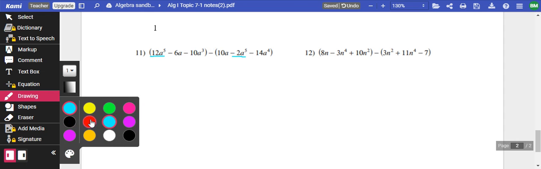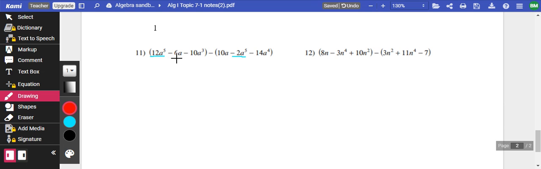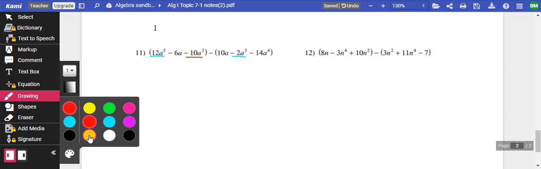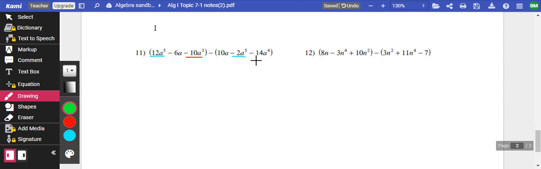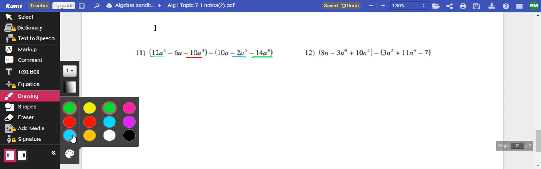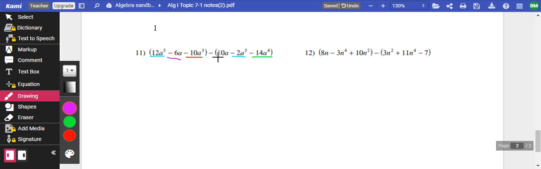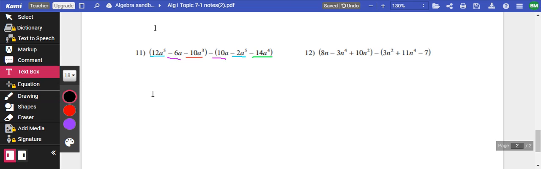I know that negative 10a to the 3rd doesn't go with anything. I know that negative 14a to the 4th doesn't go with anything. But I know that negative 6a and negative 10a go together. And I'm going to put this in standard form as I go.